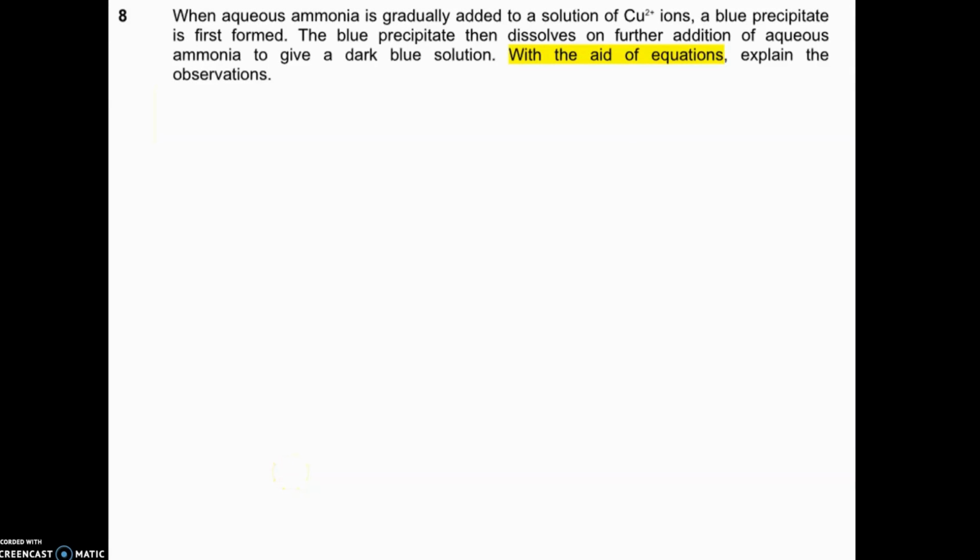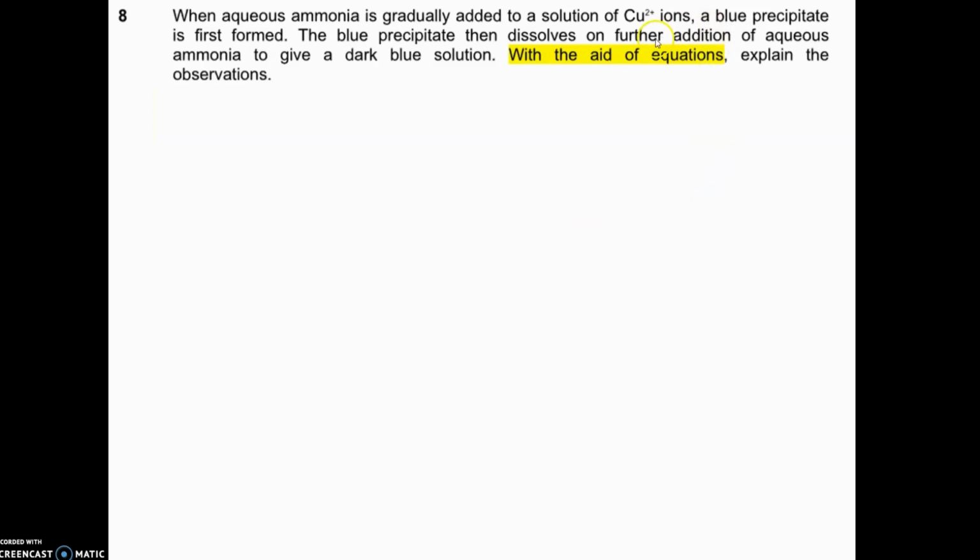Finally, we're going to look at question 8. When aqueous ammonia is gradually added to a solution of Cu2+ ions, it first forms a blue precipitate, which dissolves on further addition of aqueous ammonia to give a dark blue solution. And you have seen this and done this before in your QA.